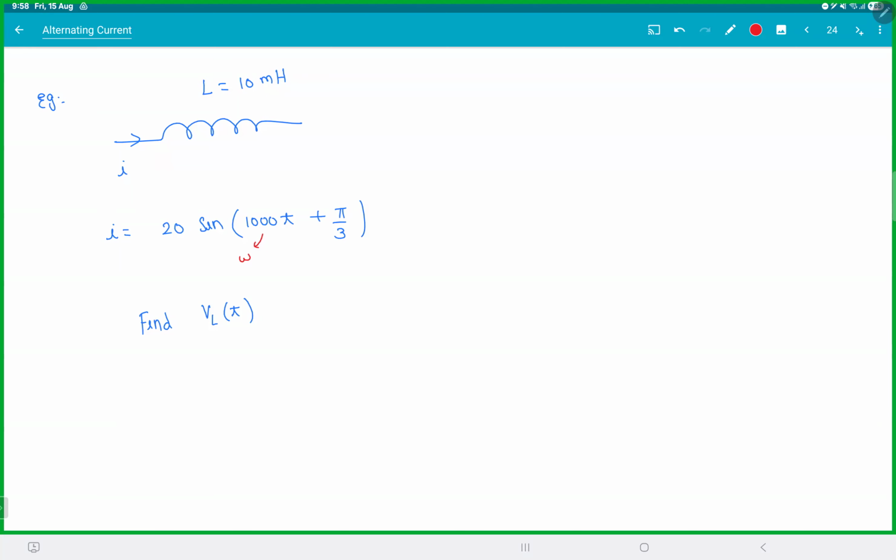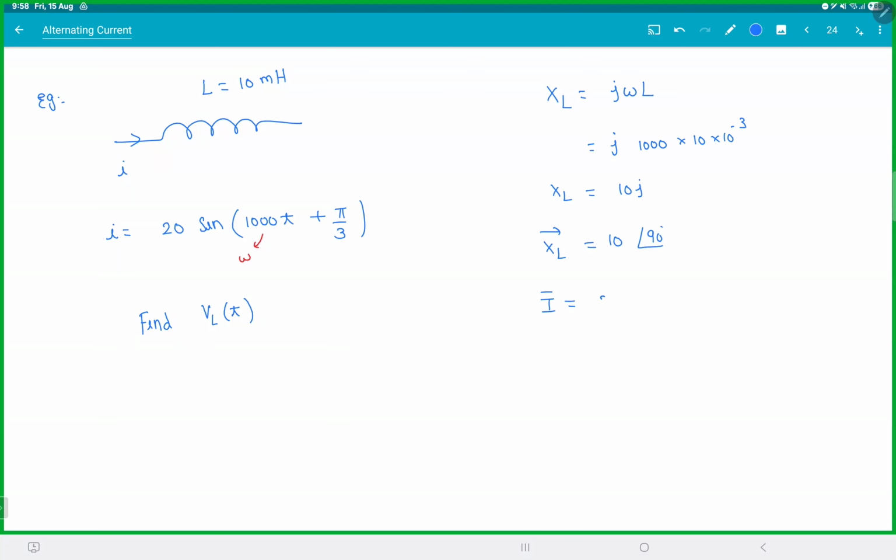Let's see. Step 1, let's create everything in phasors. What is XL? XL will be J omega L. So that is J is a complex number, omega is 1000, and L will be 10 into 10 power minus 3. That will become 10J. So the phasor form XL bar will be 10 into 90 degrees.